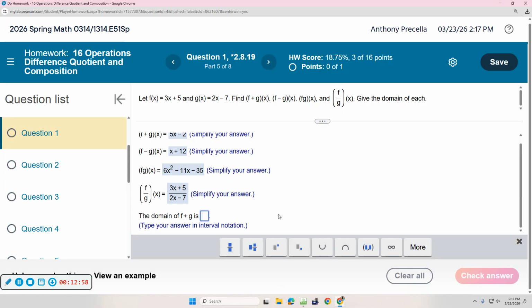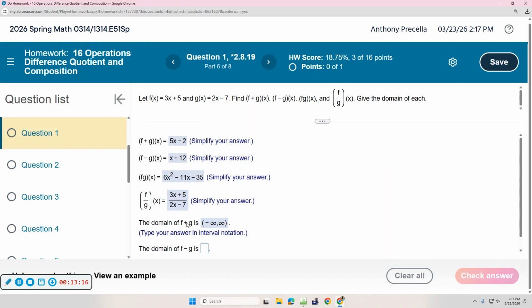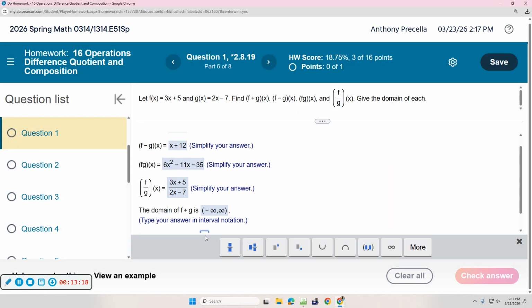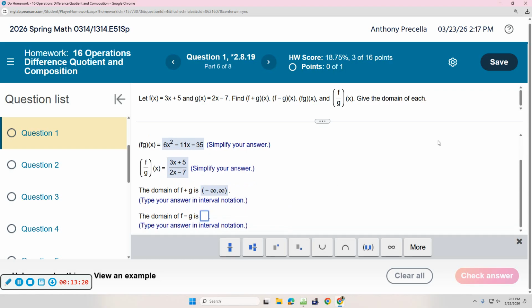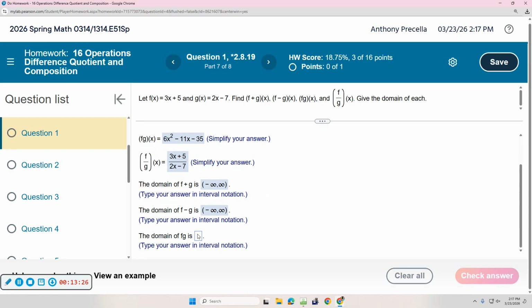I'll say left parenthesis, negative infinity, comma, infinity, right parenthesis. And I'm going to copy this thing right now. So for the next two, I can just copy and paste them in. F minus g. And f times g.